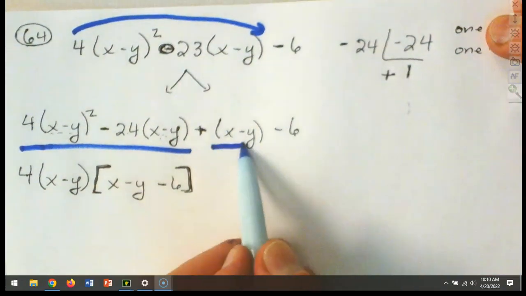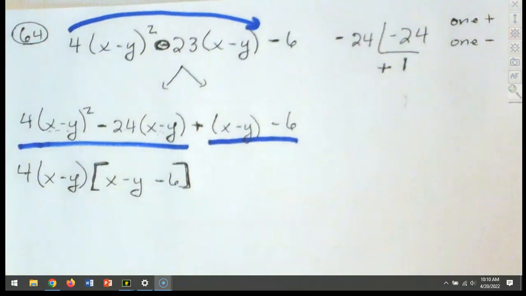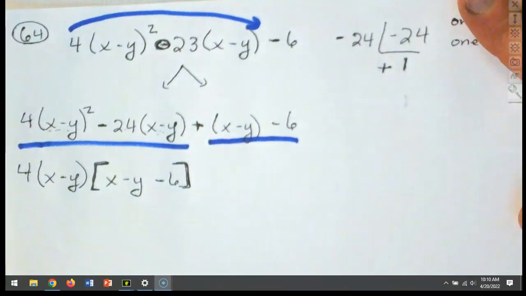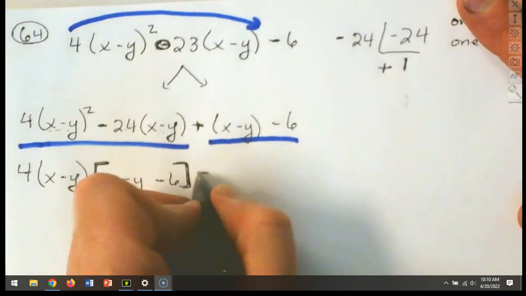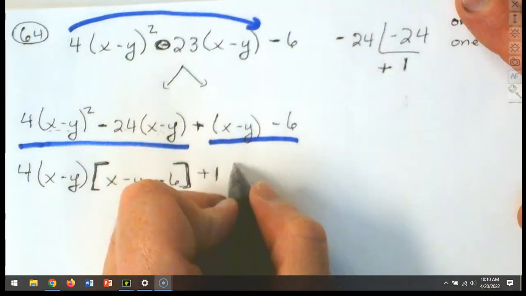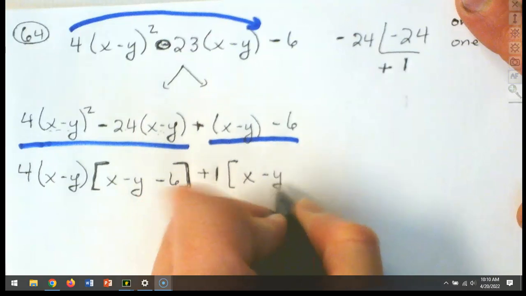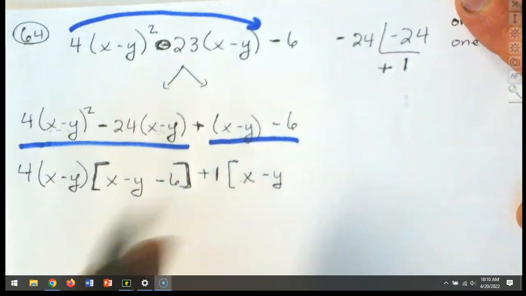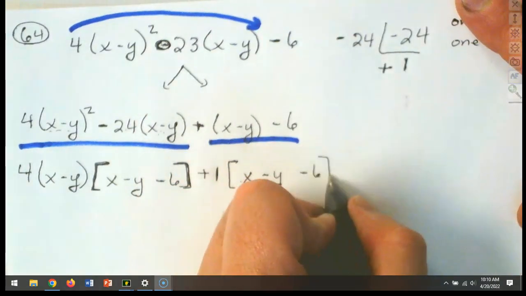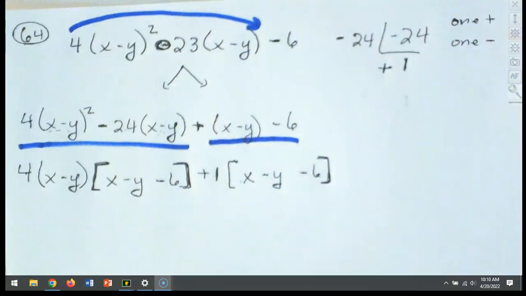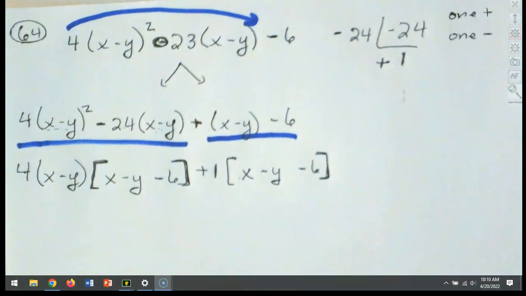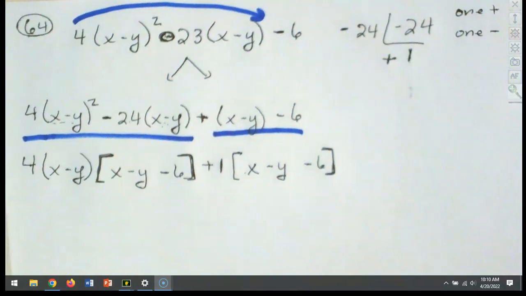The next two pieces, these have absolutely nothing in common. If they have nothing in common, you can always factor out a 1. And so that leaves you then with an x minus y, because it's still there, and a minus 6. And like I said, this one's actually easier than the last one, because nothing is going to go together.